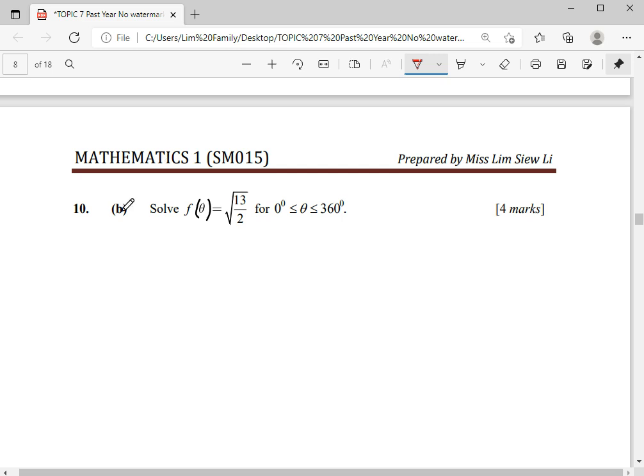For part B, they say solve our trigonometric expression just now for the value root 13 over 2, for theta between 0 and 360.